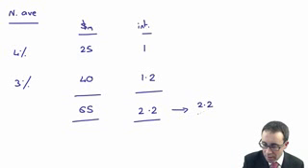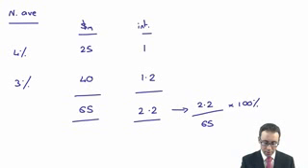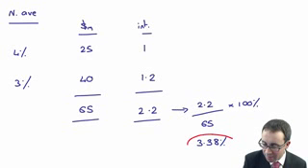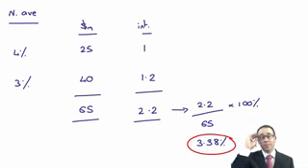So 2.2 interest divided by 65 multiplied by 100% works out at 3.38%. That's the weighted average that I would then apply to the amount of borrowings that I took out.